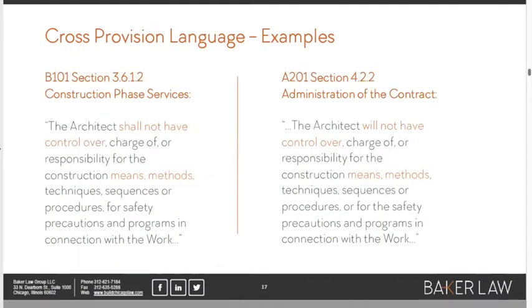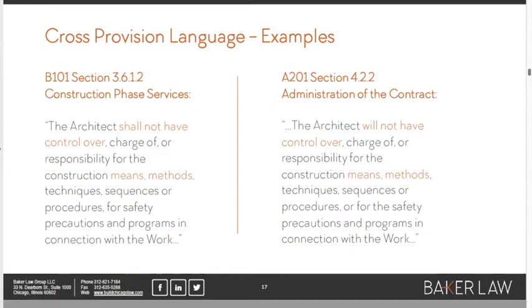And one of the things that you're going to see is that in the owner-architect contract and in the general conditions, there's a lot of cross-provision referencing, right? So if we were to look at the B101 on the left-hand side, okay, and again, the B101 is kind of the flagship owner-architect agreement. It says the architect is not responsible for means and methods.